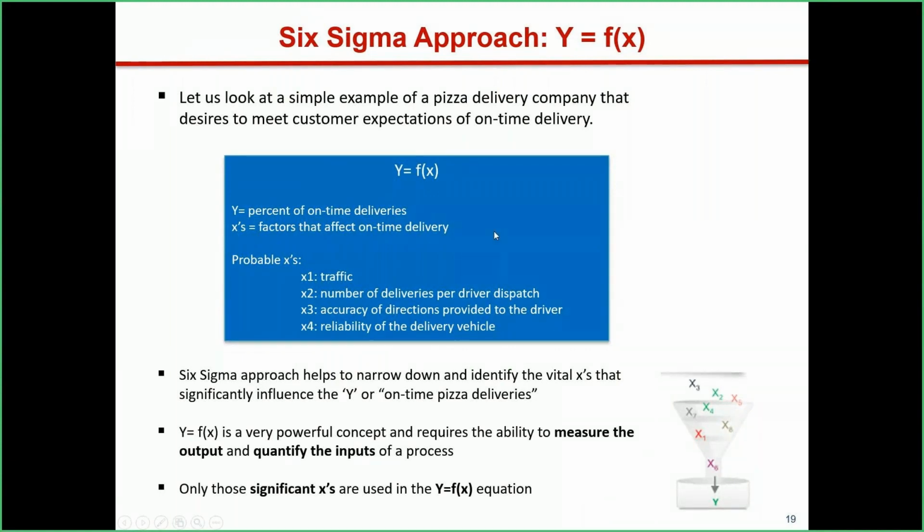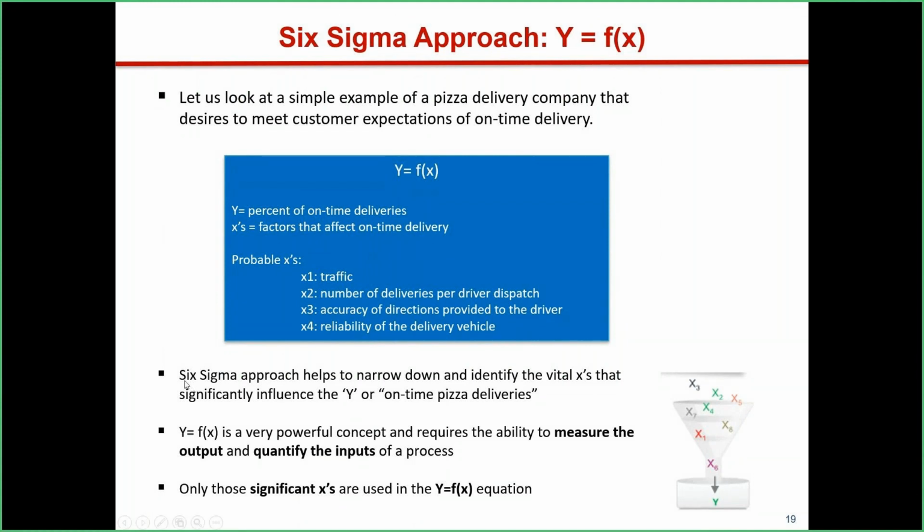So let's say after doing brainstorming, they identified that traffic might be one probable factor that might affect on-time delivery, number of deliveries per delivery driver batch, accuracy of directions provided to the driver, reliability of the delivery vehicle. So these are the 4 X's that they have identified based on the business model.